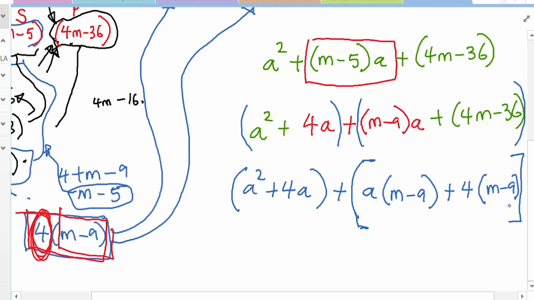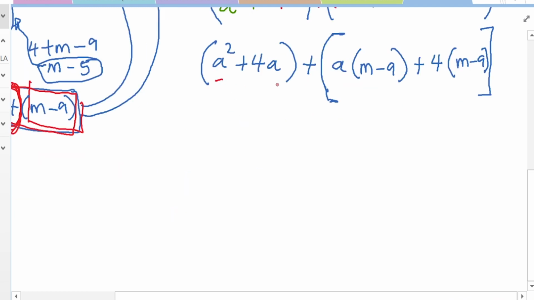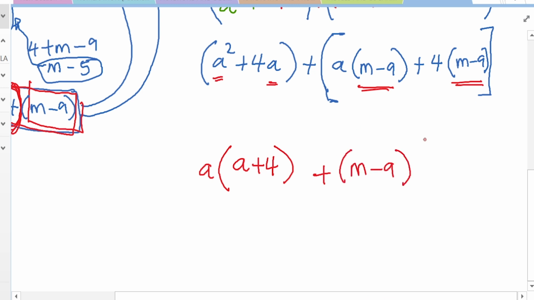From here, the common one is a, so put a outside the brackets into a plus 4. Then it's going to become plus. What is common? We have m minus 9 and m minus 9 as common, so we put those outside the brackets, m minus 9 into what is the remaining? It is a plus 4.